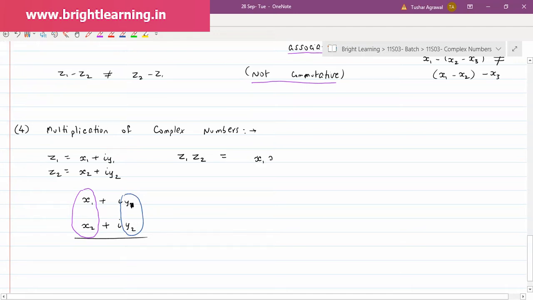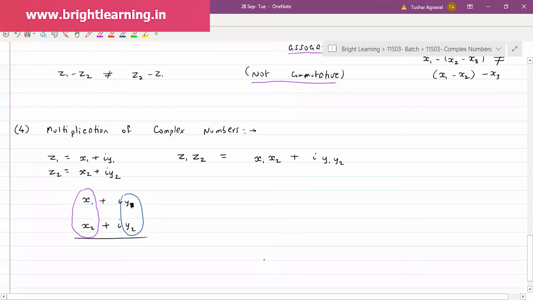This could have been the definition. So life would have been easy: x1 x2, y1 y2, done. Real part to real part multiplication, imaginary part to imaginary part. But this was not the definition given by the mathematicians who developed the theory of complex numbers. Why did they not give this definition?